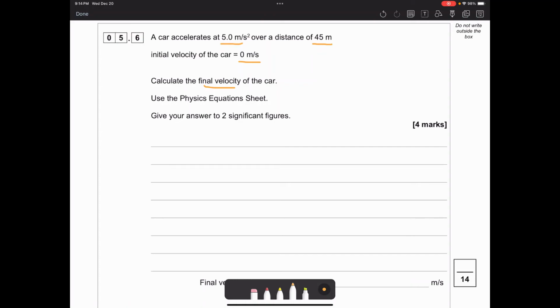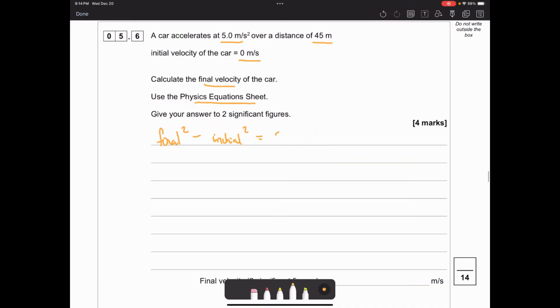Well, it says straight away, using the physics equation sheet, regardless if you get the full equation sheet in the year you do your GCSE, this equation will be one that is provided to you, which is your final velocity squared minus your initial velocity squared equals 2 times the acceleration times by the distance.